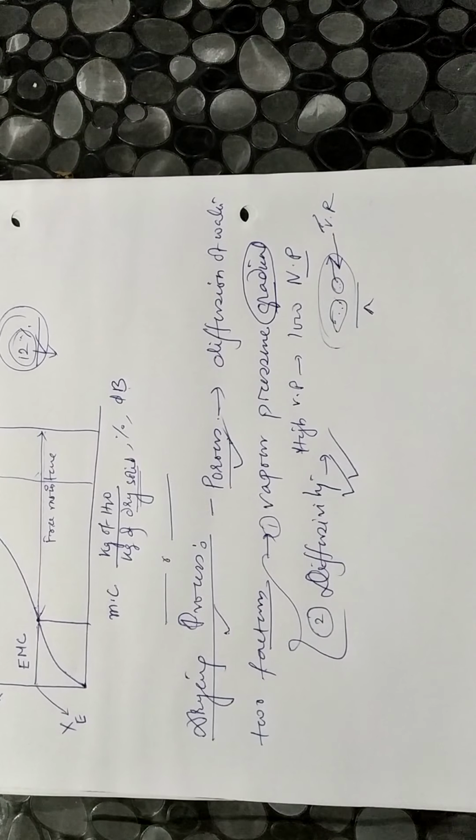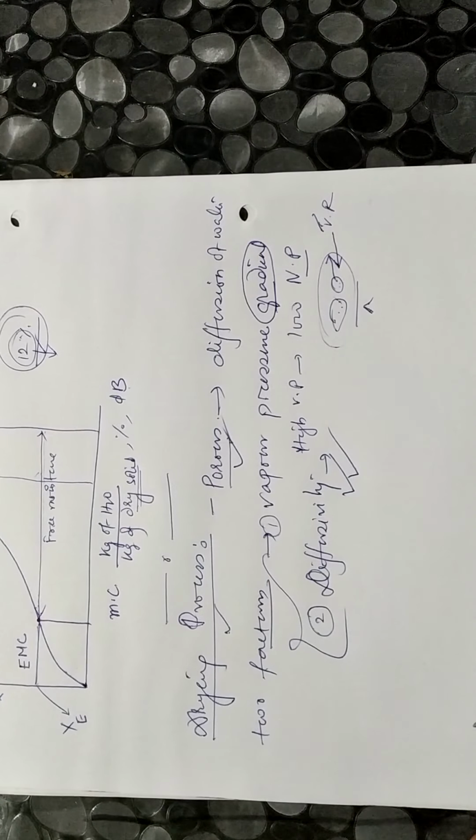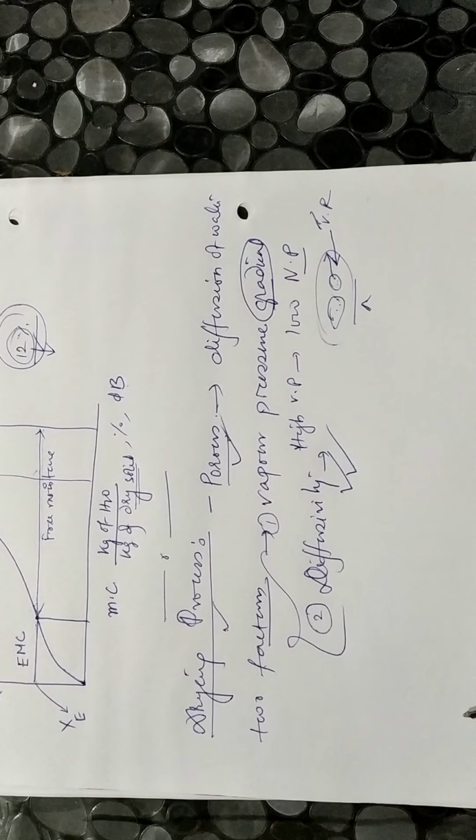Now come to the drying behavior, how it behaves with respect to the movement of moisture, with respect to the drying time. There are three relationships between all these drying parameters.